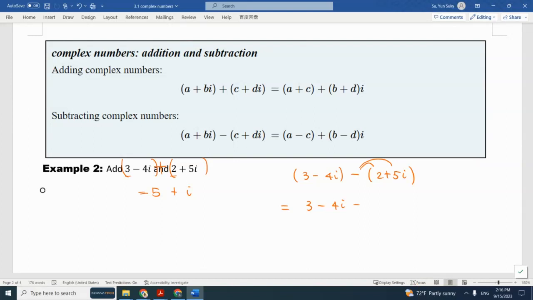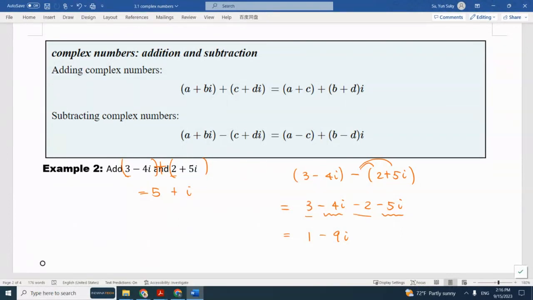Distribute, then you get? Yes. And what is the constant term? 1 and minus 9i.